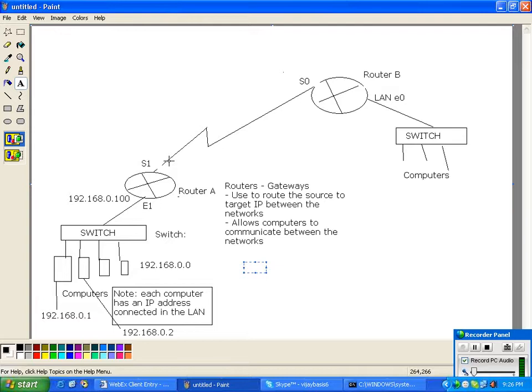And this serial interface, I'm just showing you how the network will work. 202.65.136.100, I'm giving an IP. 200.200.0.1 is my serial port, S1.